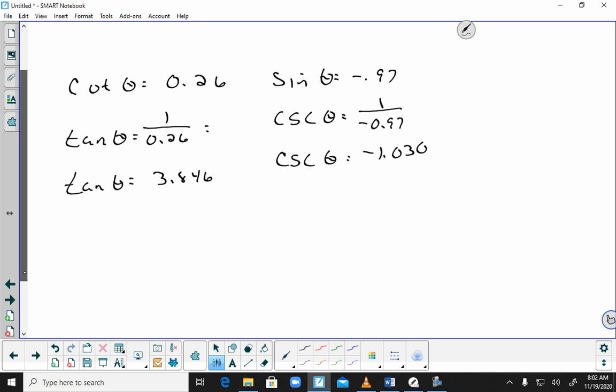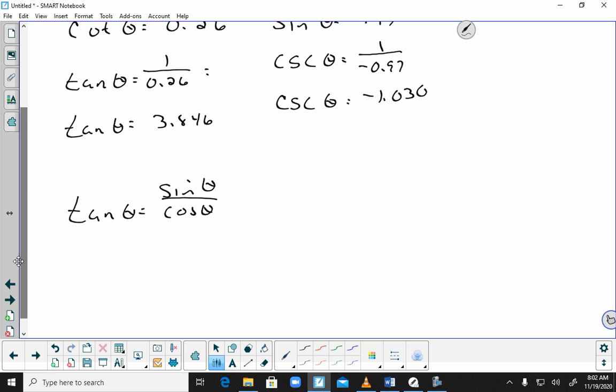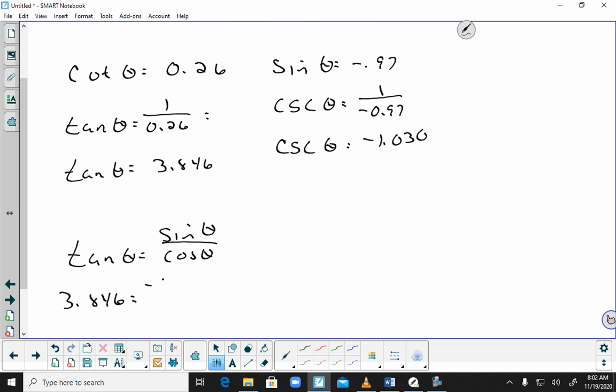Then to find the cosine, I'm going to stick with my tangent of theta is equal to my sine of theta over my cosine of theta. So my tangent was 3.846. My sine was negative 0.97, and the cosine is what I'm looking for.